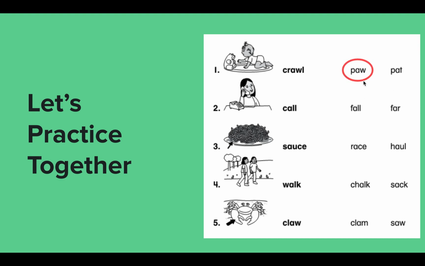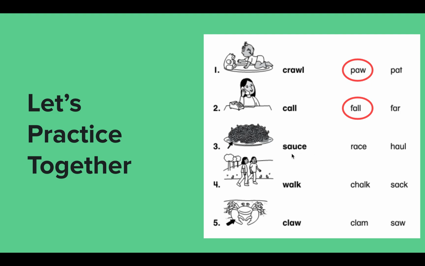Paw has the ah sound using the AW, just like crawl. Let's look at number 2. Call. Does all have the same sound or are? Far? Great job. Fall has the same ah sound that call has.